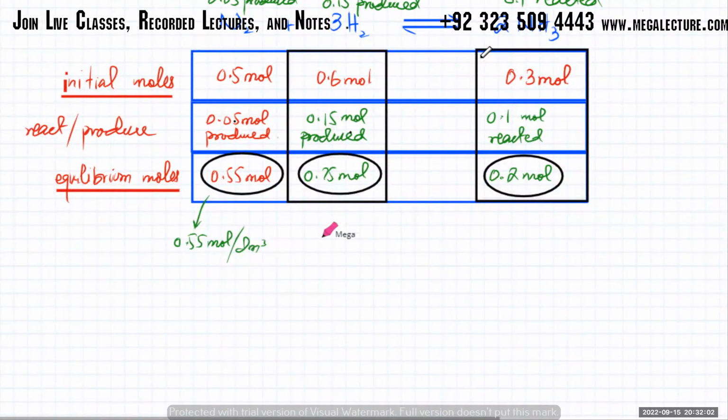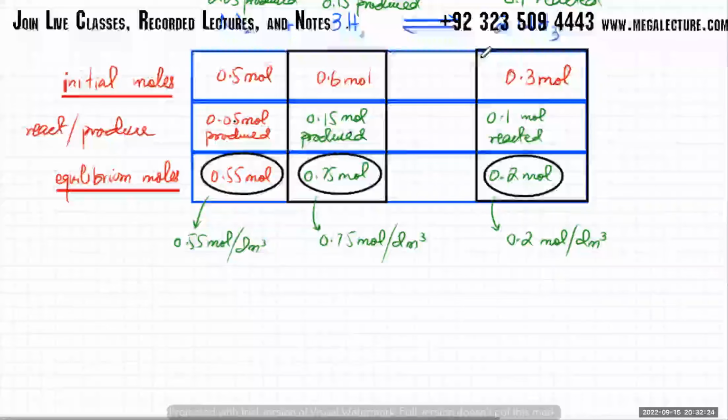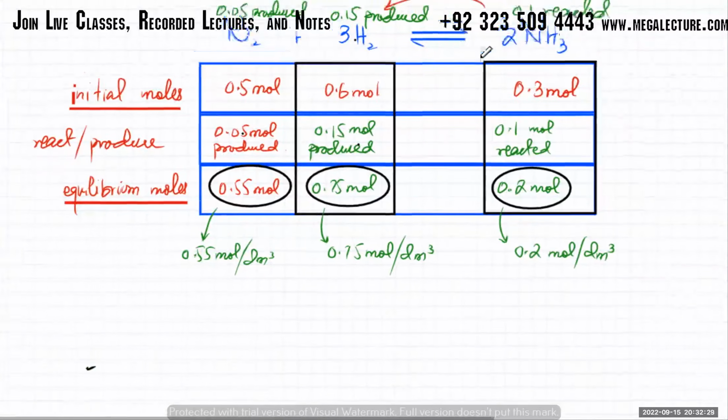The other one is 0.75, and this one is 0.2, moles per dm cube, right? Is that clear? Yes, sir.